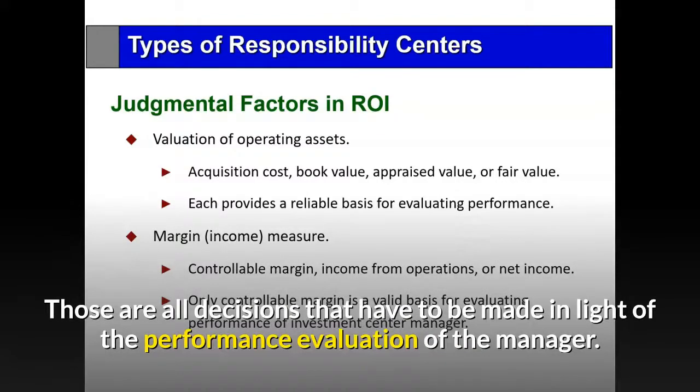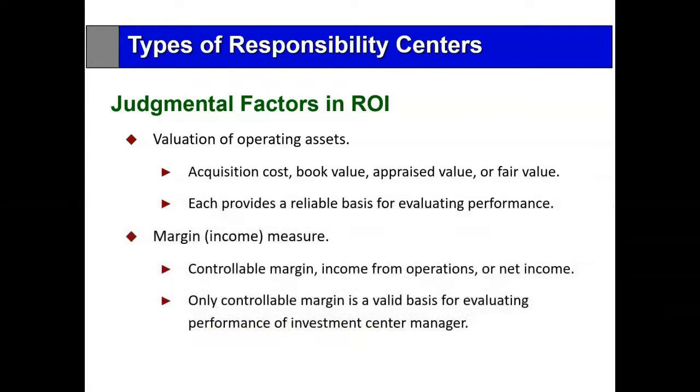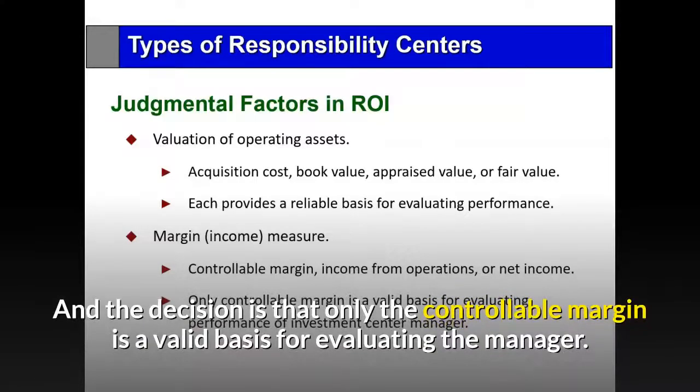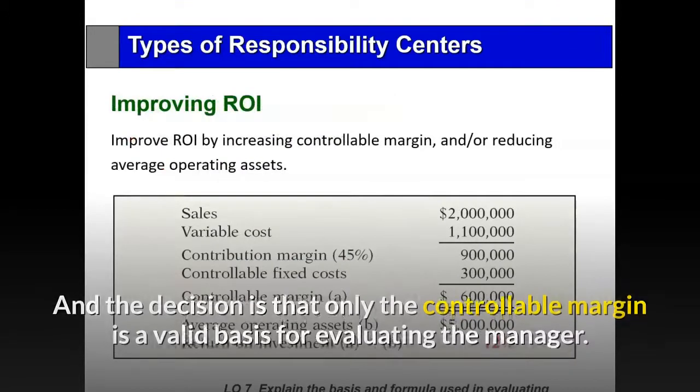Those are all decisions that have to be made in light of the performance evaluation of the manager. And therefore, also, how do I measure income? Well, we're talking mostly about controllable margin, income from operations, or net income. And the decision is that only the controllable margin is a valid basis for evaluating a manager.